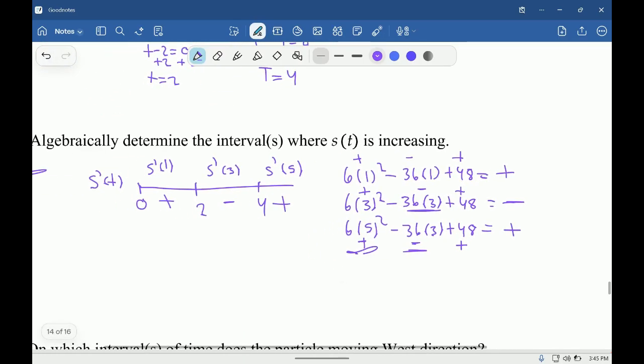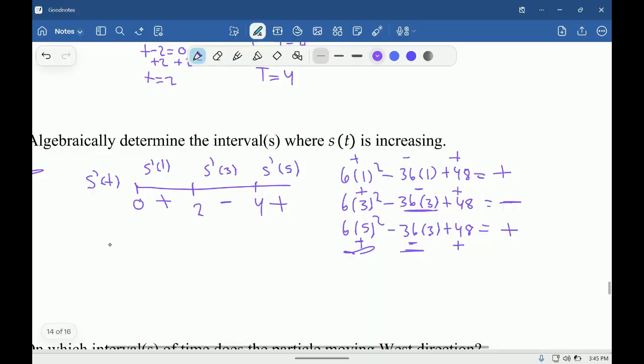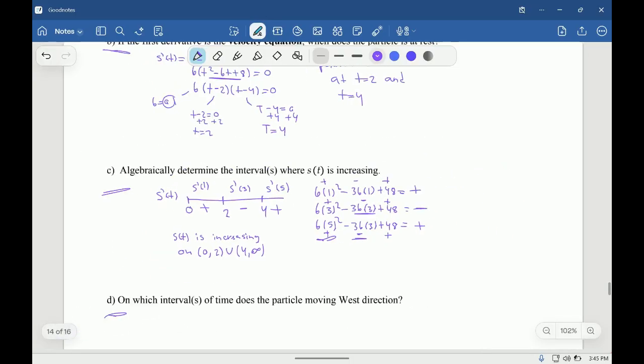So we know our intervals are increasing. So we know that s of t is increasing on 0 to 2 and 4 to positive infinity, because we have no set spot.